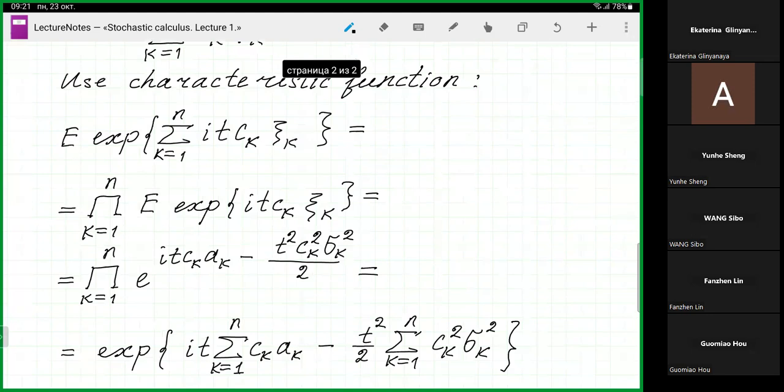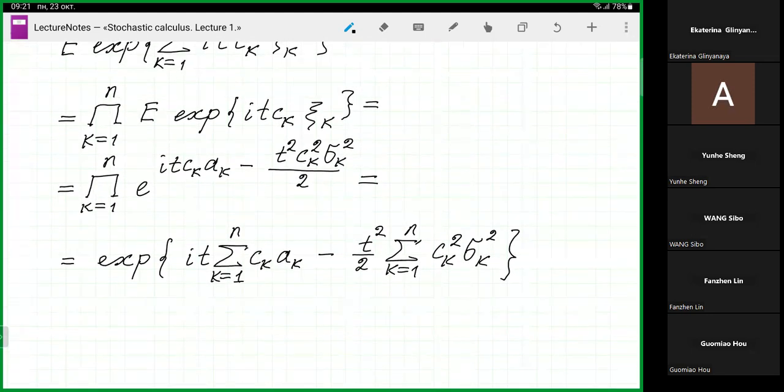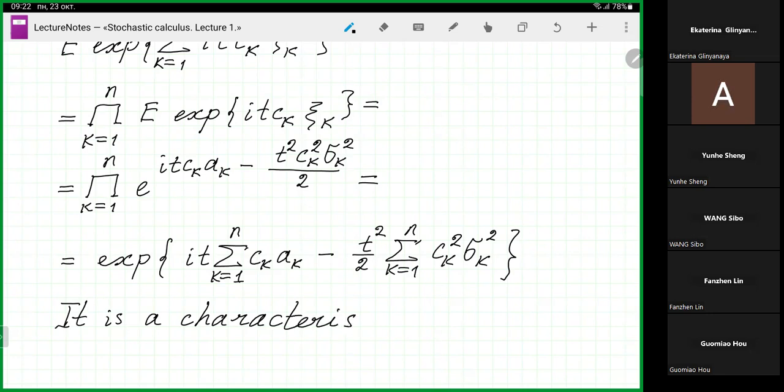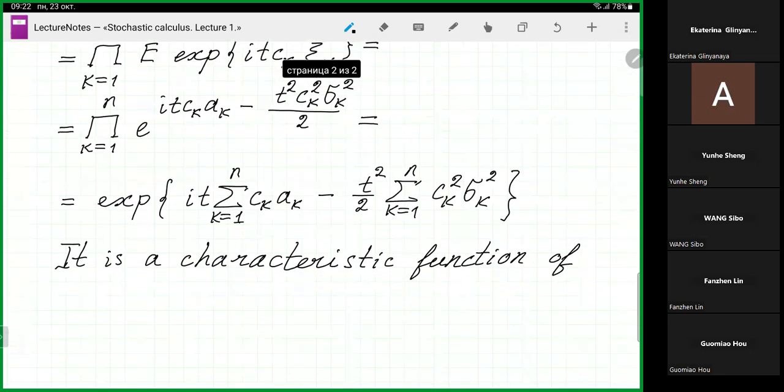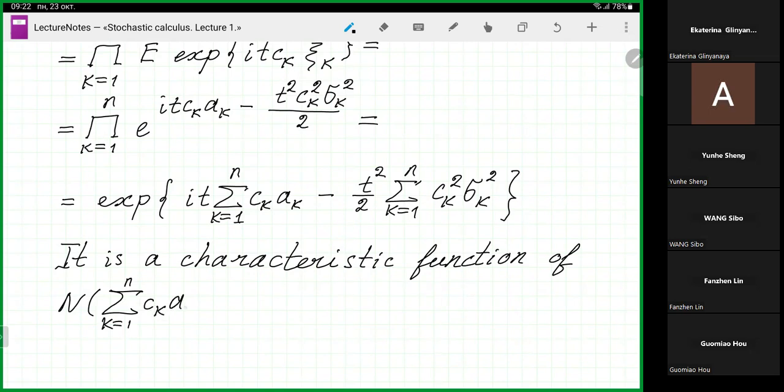Even more, we know now the parameters of our distribution, so we obtain the characteristic function of the normal distribution with the parameters sum from k equal 1 to n, ck ak, and sum from k equal 1 to n, ck square sigma k square.